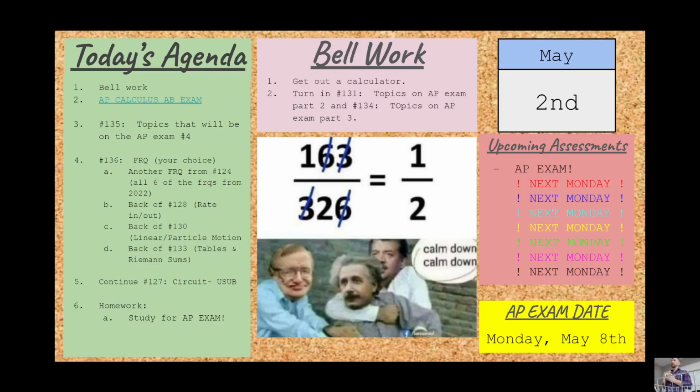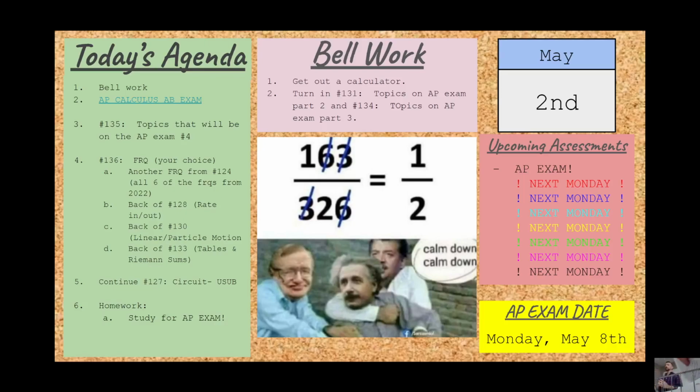Alright, we got 3 or 4 things to check off today. We're going to quickly go through the orange slideshow again, just so I can point out how important it is that you give your best effort. We are going to look at topics that will be on the AP exam part 4, the one y'all just picked up, and you can see that it's very short. It's not going to take but about 5 minutes, but it's an important topic I need to make sure you all know.